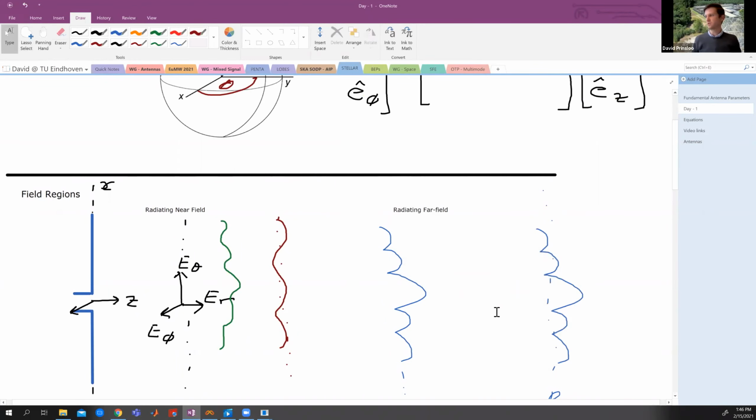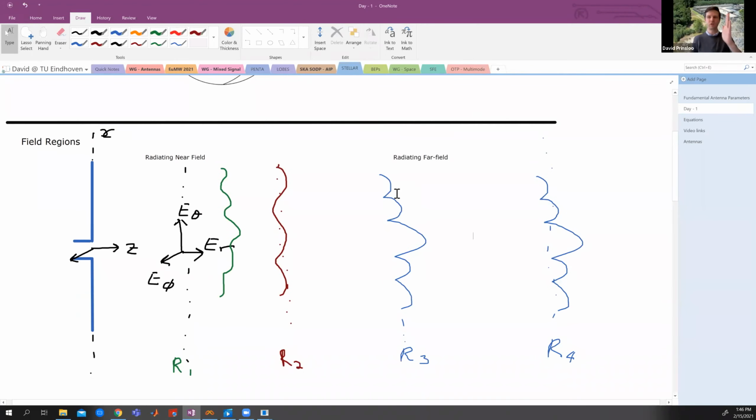It would still be identical to the radius a little bit earlier on. The additional part to remember is that in the far field there are only two orthogonal field components, the theta component and the phi component. We assume that the radial component in the far field reduces to 0.